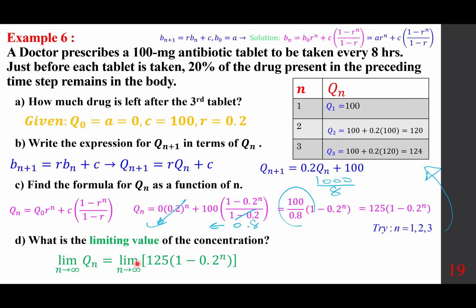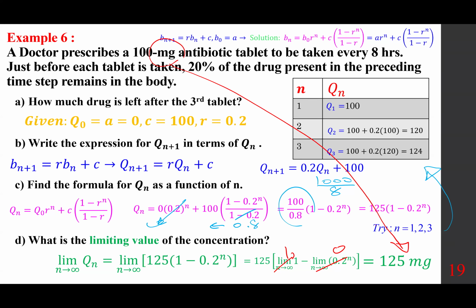Take the 125 out, take the limit of 1, take the limit of the second expression, and this goes to 1, and this goes to 0 because 0.2 is between 0 and 1. So this is 1 times 125. We get 125 milligrams. So the limiting value is 125.